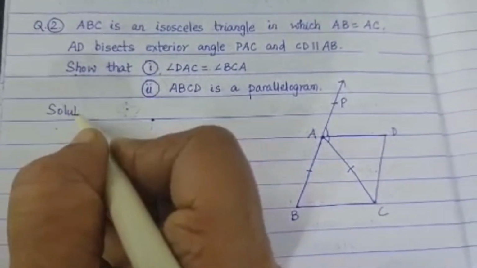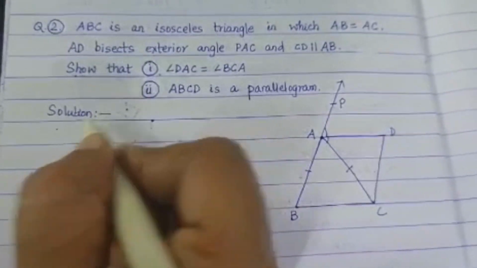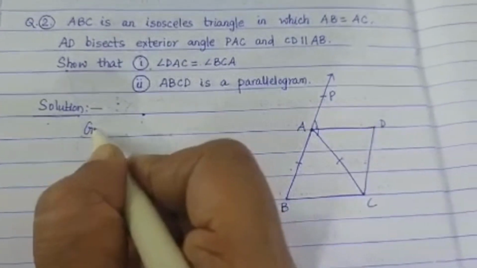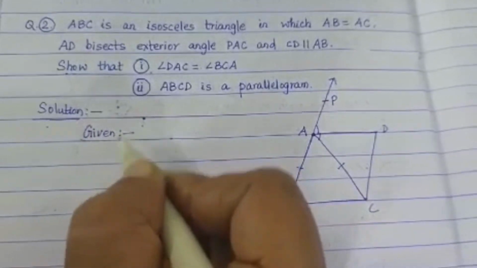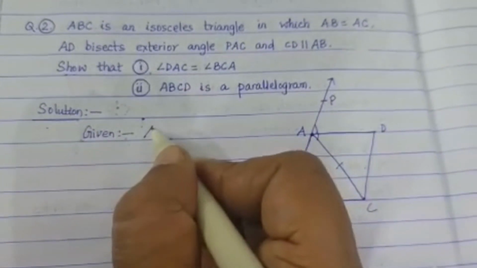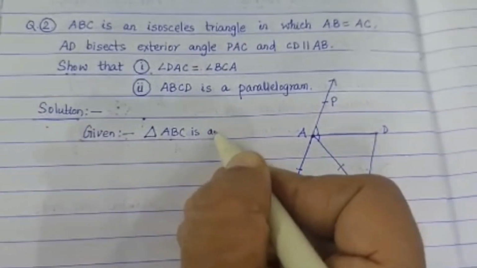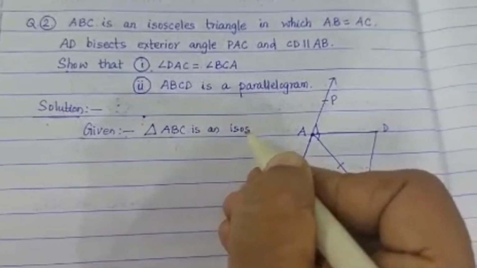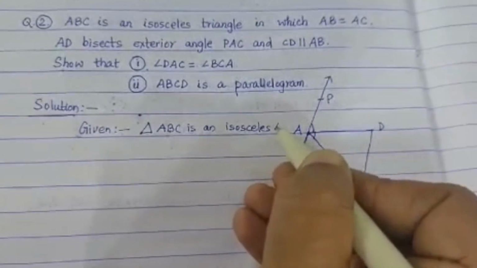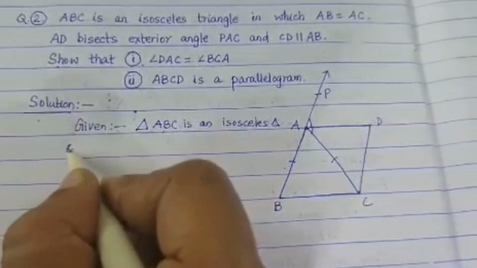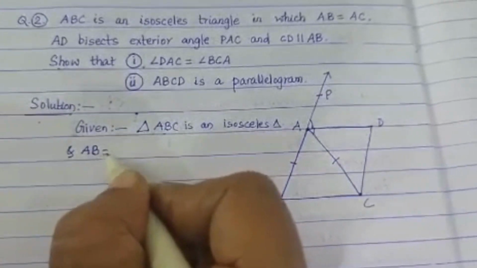Solution. So what is given? Given is triangle ABC is an isosceles triangle where AB is equal to AC.